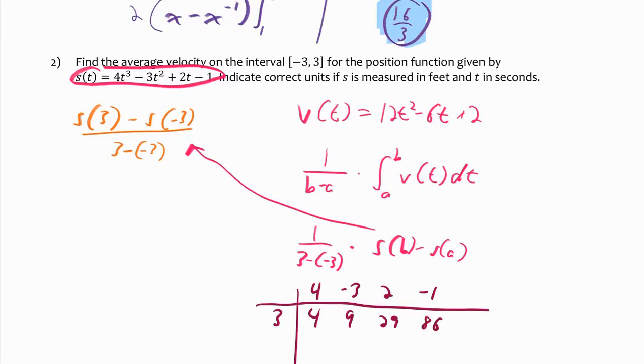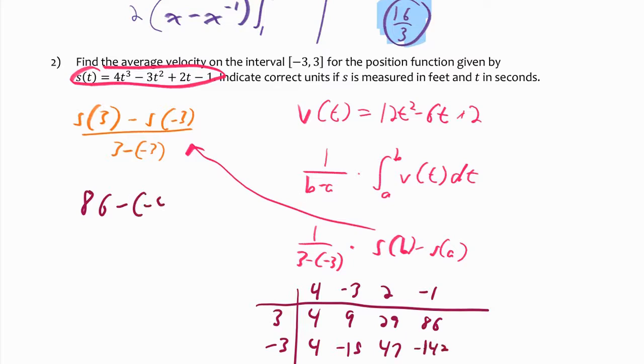So I would get S of 3 would be 86, minus, then let's do negative 3. So this would be negative 12, negative 15, positive 45, positive 47. 47 times 3 is 50 times 3 minus 9, so that would be 141. Negative 141 minus 1 is negative 142.